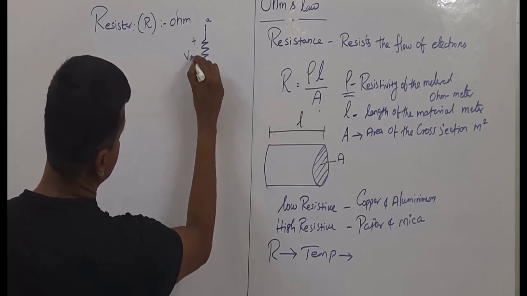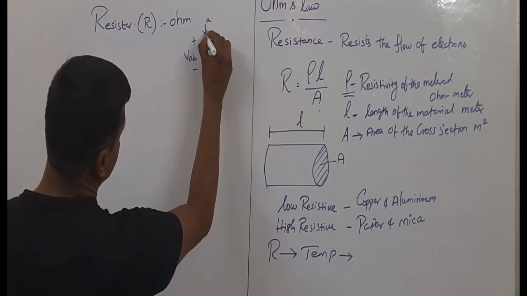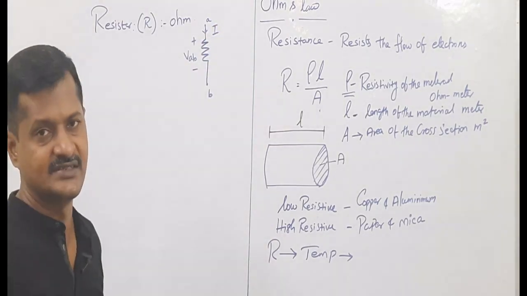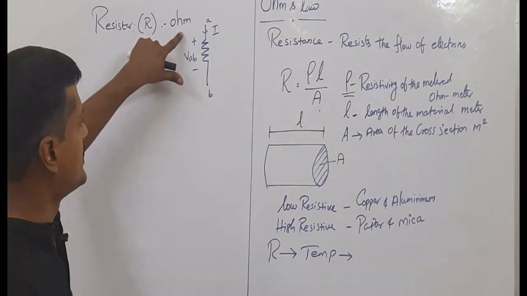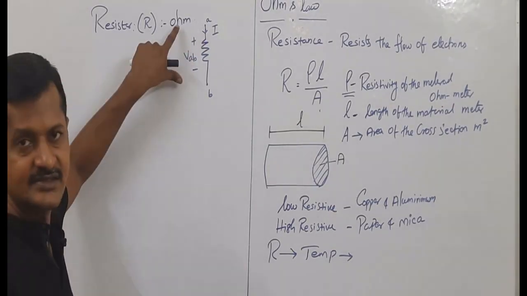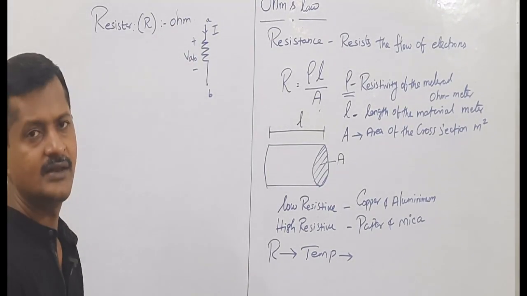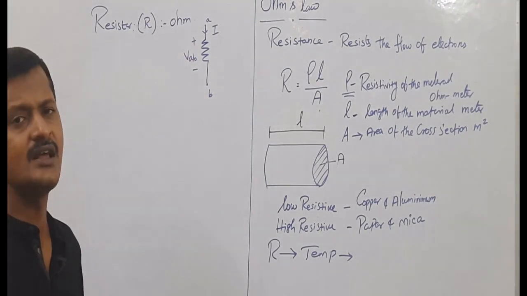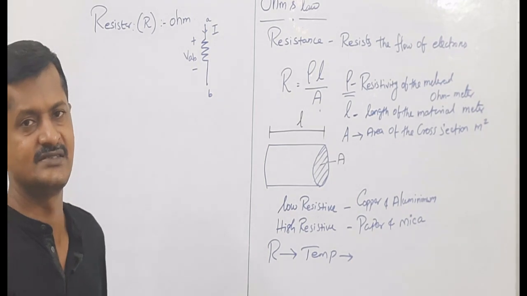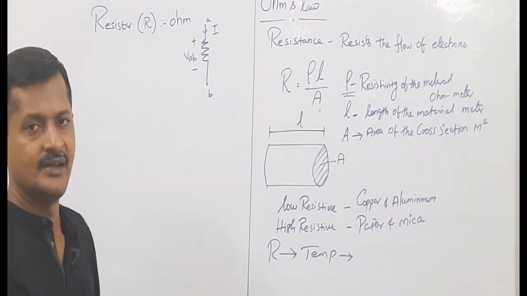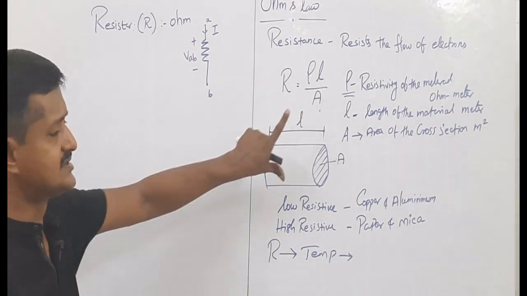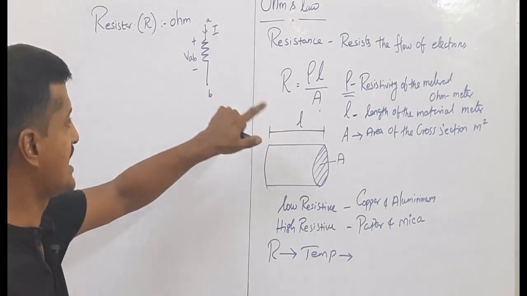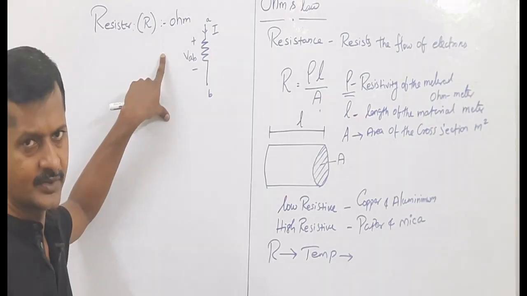Across it we have voltage VAB and current I. This is the symbol of resistor. So two positive and negative terminals, across these two terminals the voltage is VAB and current always enters the positive terminal of the resistor, right? So this is the resistance.